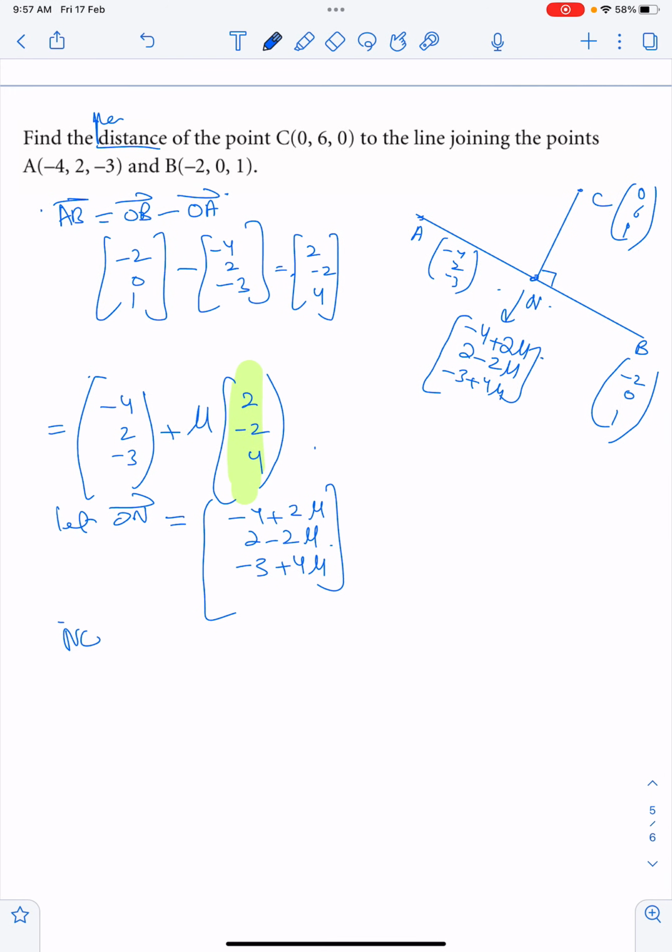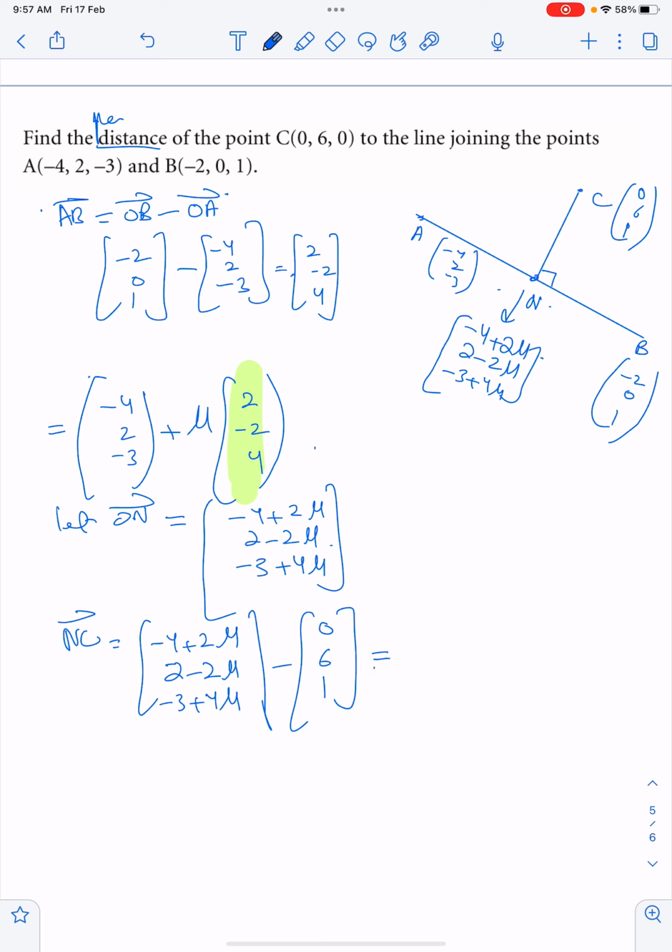I can easily find NC, which is (-4 plus 2 mu, 2 minus 2 mu, -3 plus 4 mu) minus (0, 6, 1). So I'm getting -4 plus 2 mu here, -4 minus 2 mu, -4 plus 4 mu.